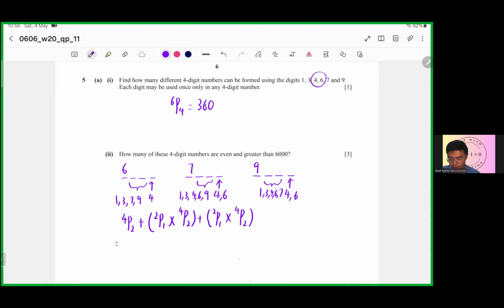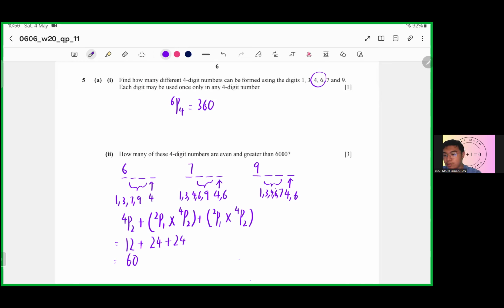Okay, 12 plus 24 also plus 24. Okay, we get answer equals to 60.